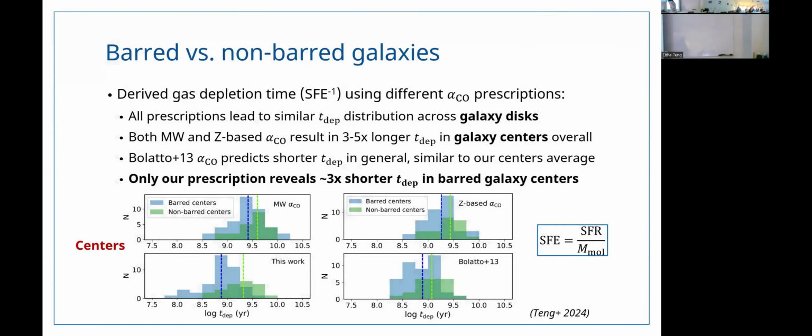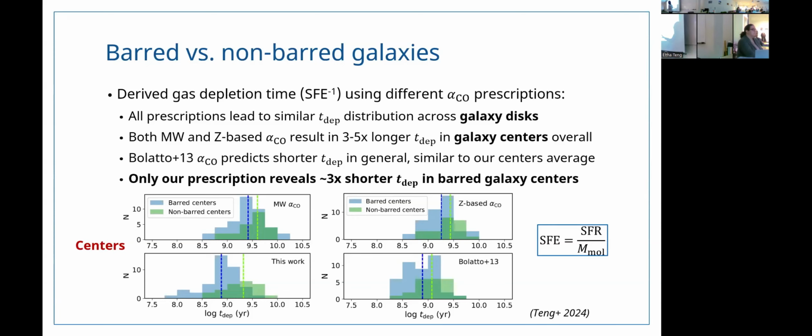So what I was talking about is the comparison between ours and the Bellato prescription. The similarity is that we both suggest a shorter depletion time. But the main difference is that, looking at the median for barred and non-barred, there is no significant separation in the Bellato prescription, but our prescription reveals more than a factor of 3 separation between barred and non-barred.